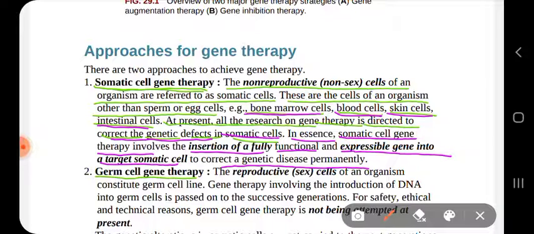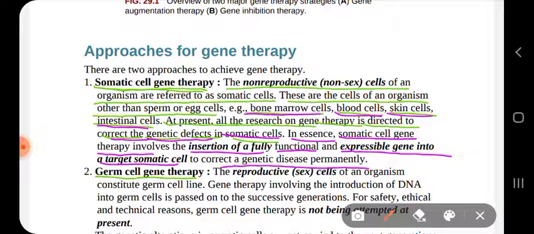Based on where we want to express that gene, we first have to isolate those particular cells from the patient, and treat them with various methods to deliver the gene into the cell, either directly or indirectly with the help of carrier molecules called vectors.